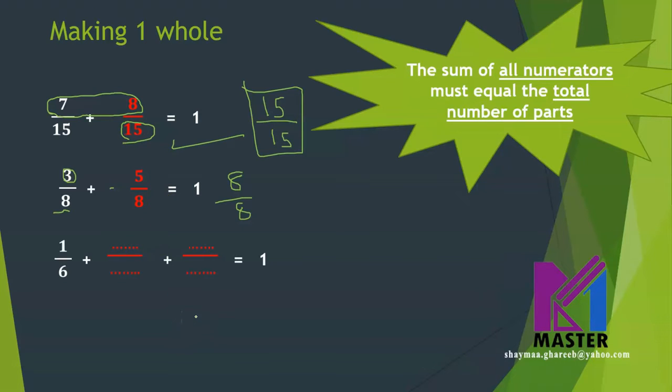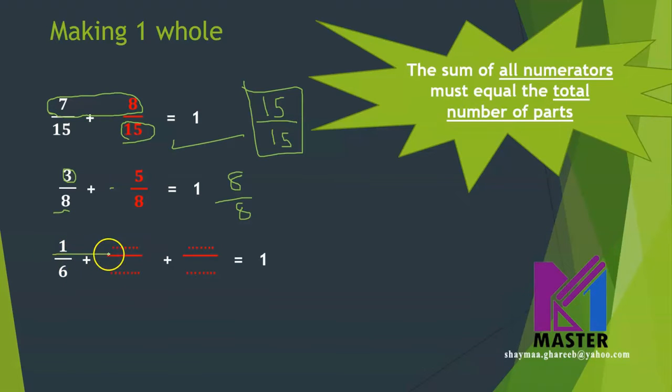Now, let's see this example. I want you to think of this example. This time I have 3 fractions. 1/6 and a missing fraction and another missing fraction, and the 3 of them must equal 1 whole. Okay? So what do you think? 1 out of 6 parts.